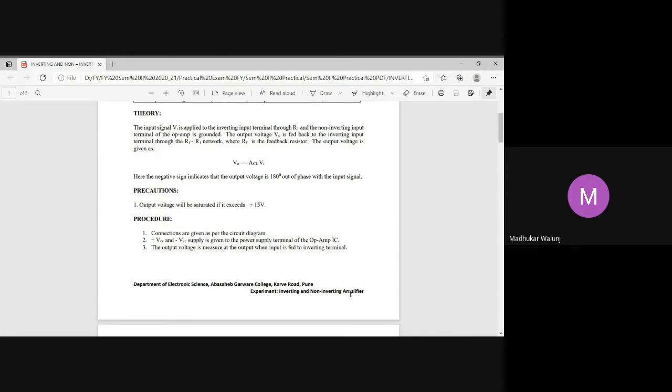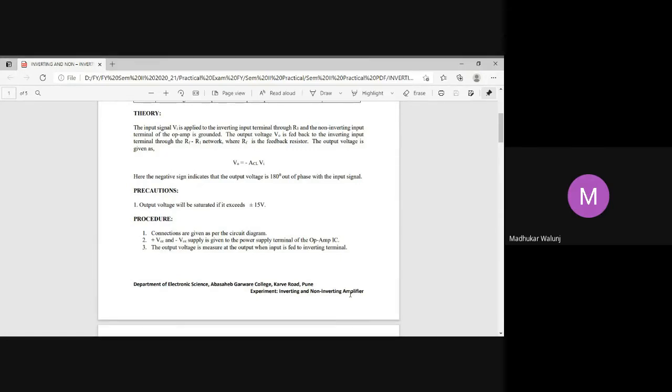Now, if the supply is of minus 15 plus 15 volt, from where it is going to give us the voltage beyond plus or minus 15 volt. So what we can say, the output voltage will be saturated. So what we have to do, we have to take the precaution that the voltage that we are applying with the gain should be less than 15 volt. I will explain this while we are doing it on virtual lab.